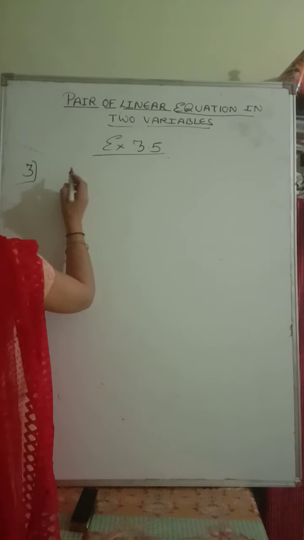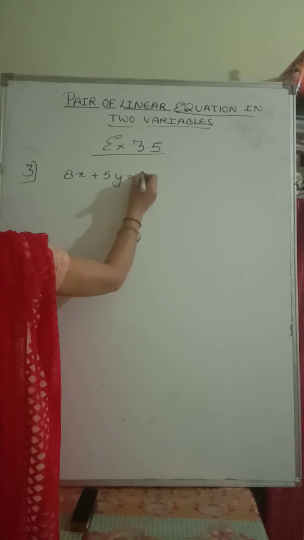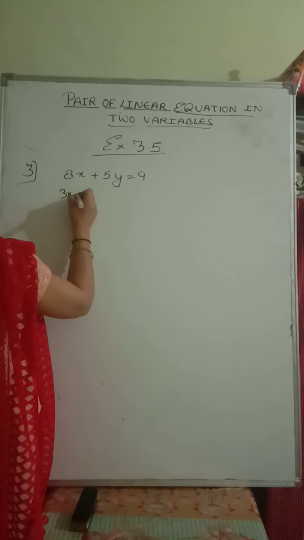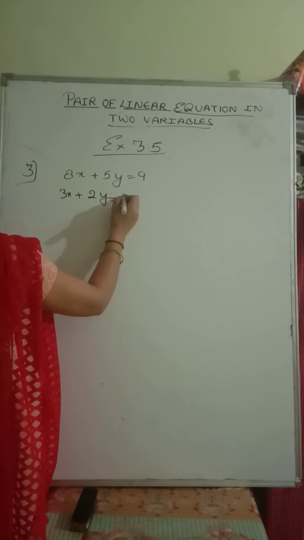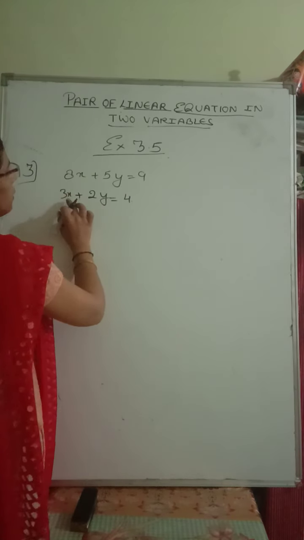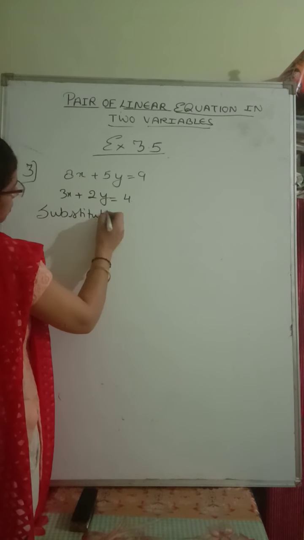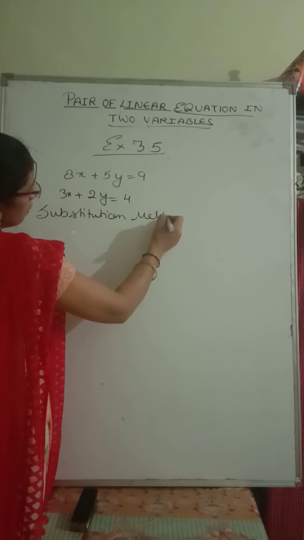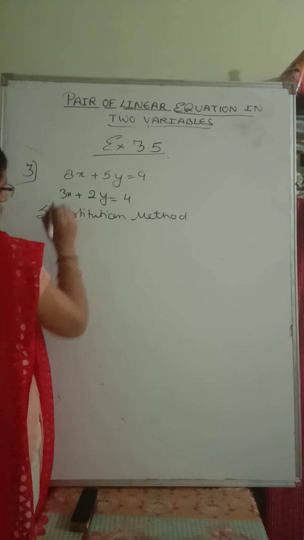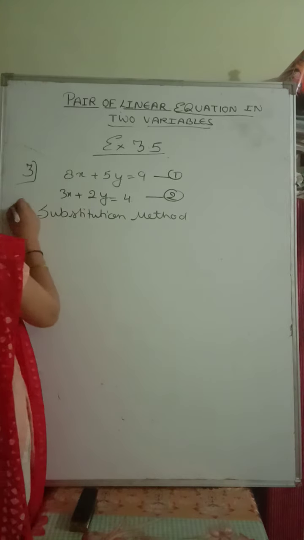So very first, the equations are given: 8x plus 5y equals 9 and 3x plus 2y equals 4. By substitution method, as you know, you will find the value of x from one of equation number 1 and equation number 2.